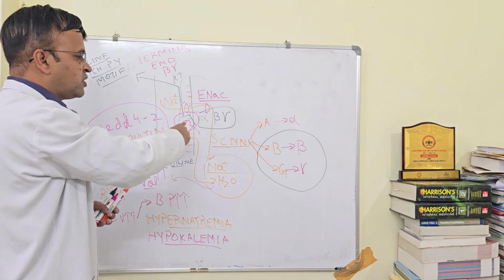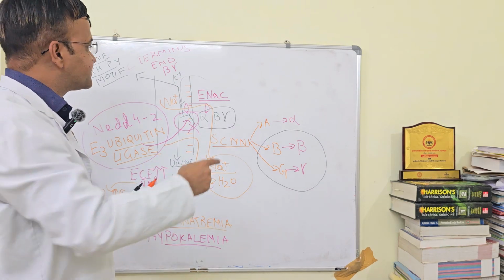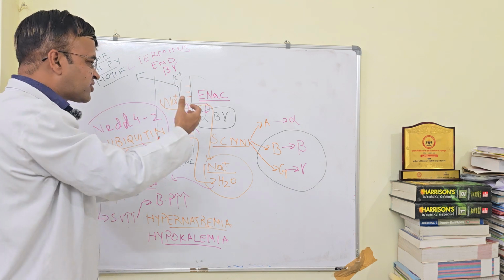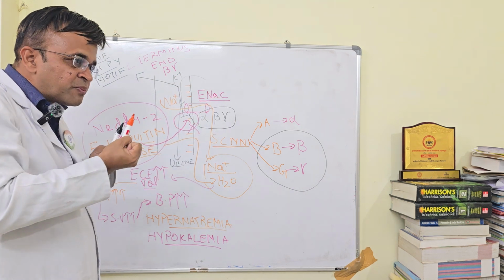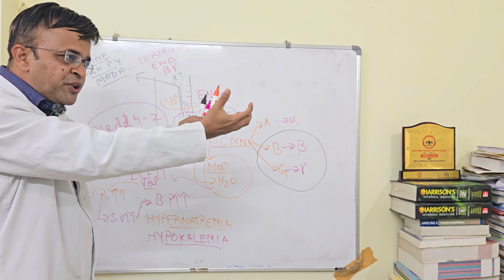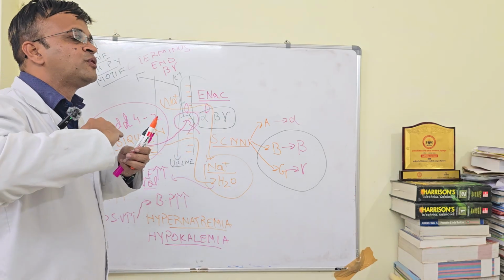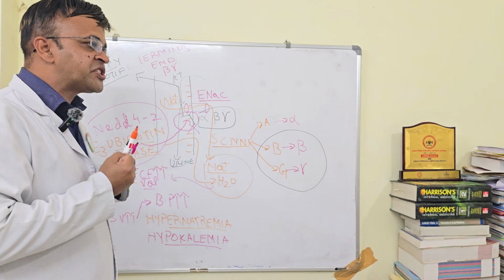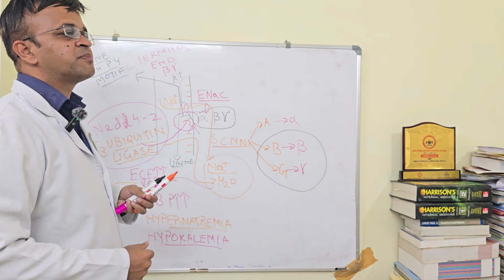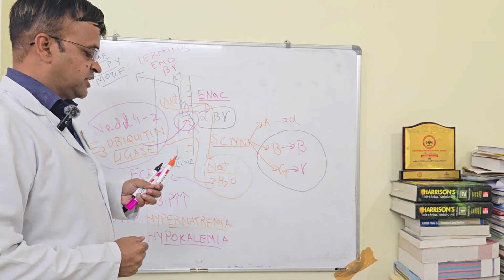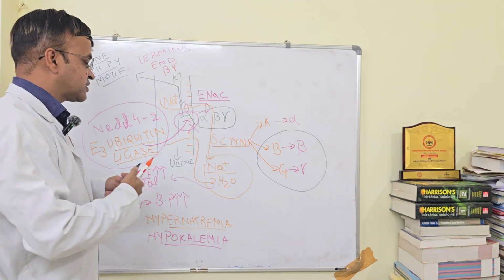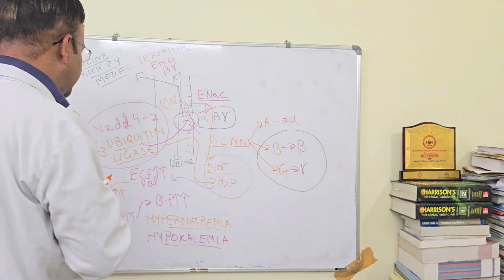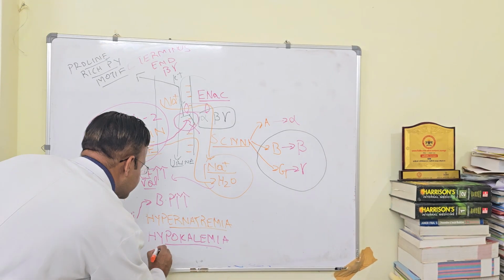So those intercalated cells will try to reabsorb this potassium, but while trying to reabsorb it, they have to excrete out H plus ion. They will reabsorb potassium and excrete out H plus ion, and this will lead to alkalosis, loss of H plus ion. This will lead to alkalosis.